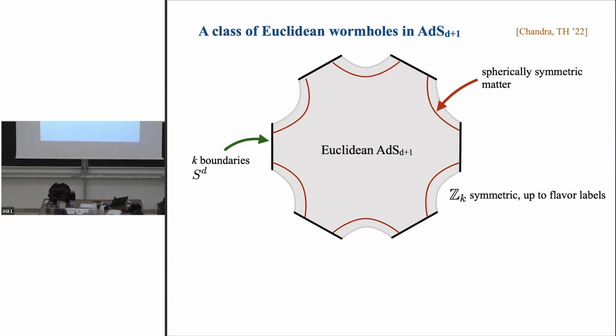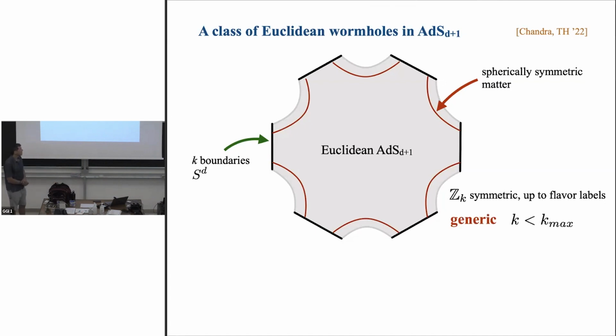I'll mostly discuss the case that is cyclically symmetric by rotating the k boundaries, although there's no reason the solutions won't exist if you break the cyclic symmetry. These kinds of solutions are generic.